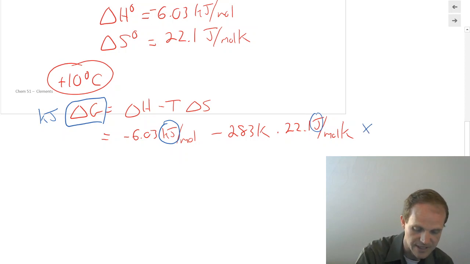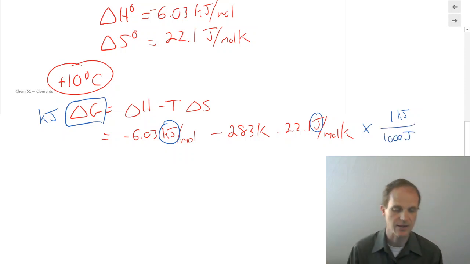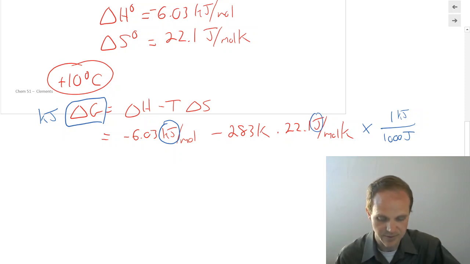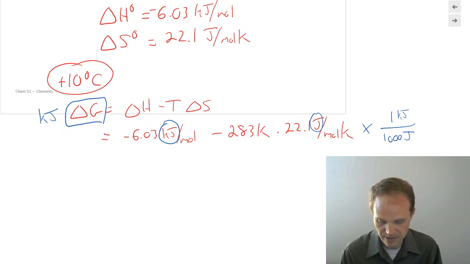So I'm going to add this step on here, that there is 1 kilojoule for every 1,000 joules in order to plug that into my calculator. So this one's pretty simple. You're going to take your negative 6.03 and subtract off 283 times 22.1.